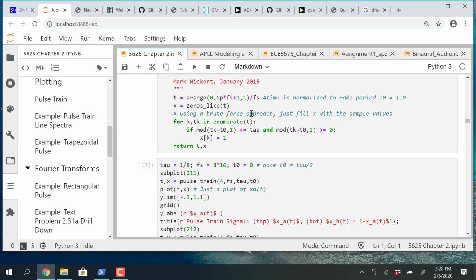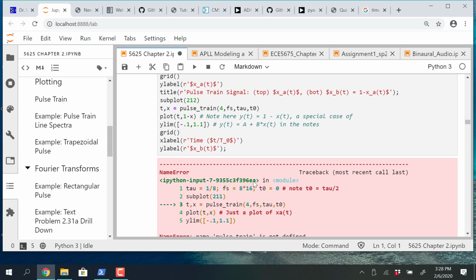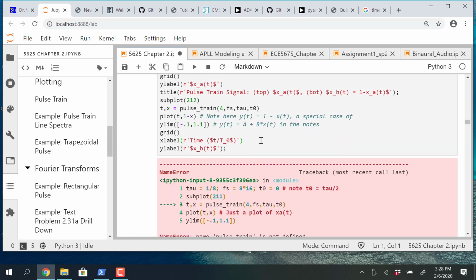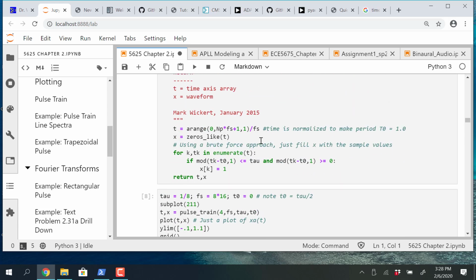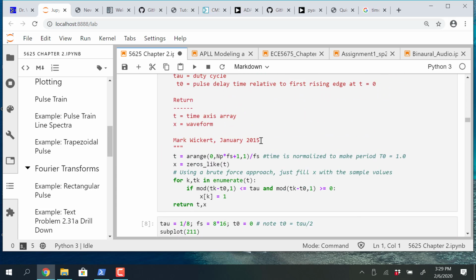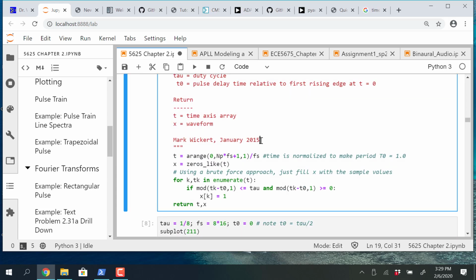So if I do this down here, though, this notebook reset, so I think I have to rerun this cell, and everything reset. Pulse train is not defined, but yet I just ran the cell, so it should be defined.